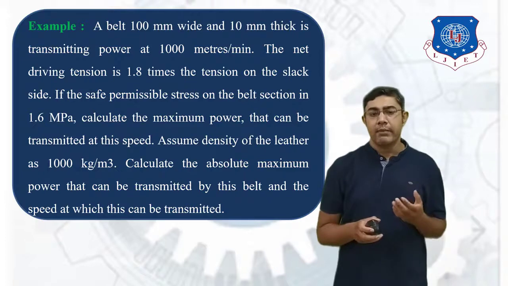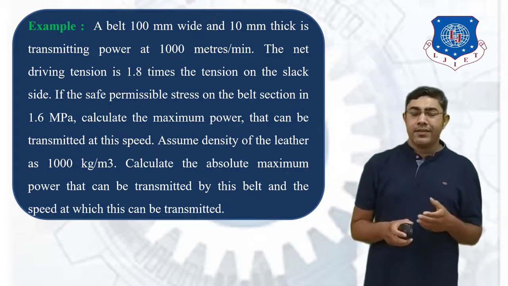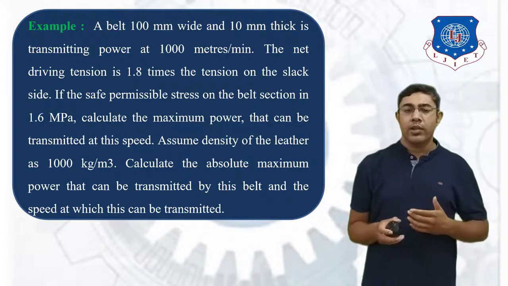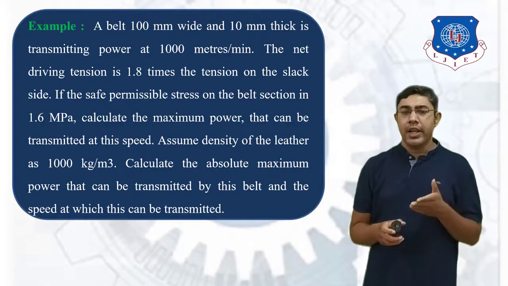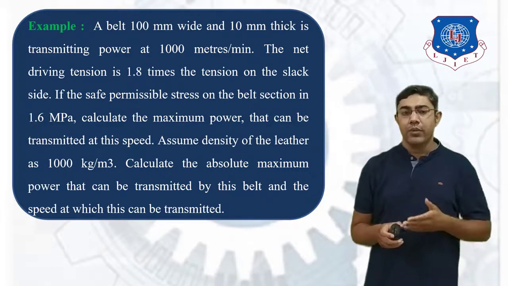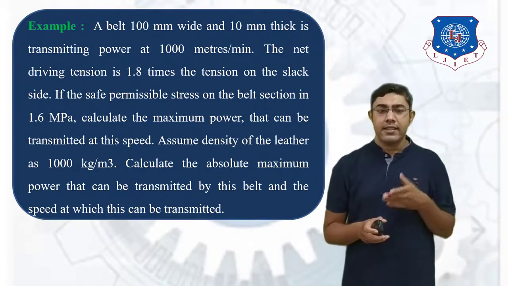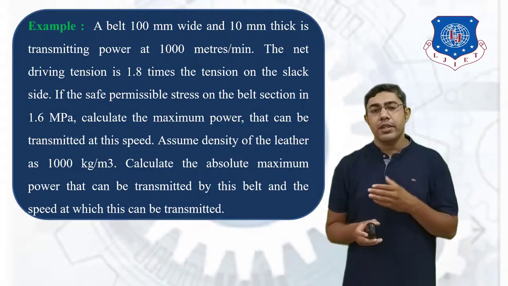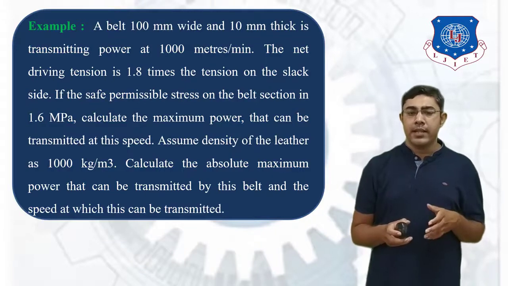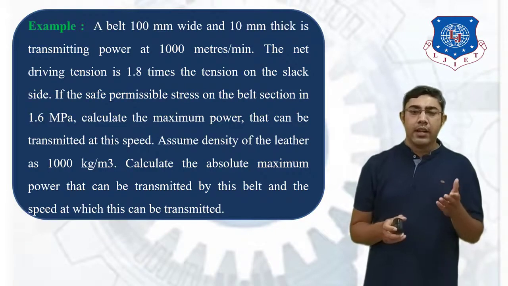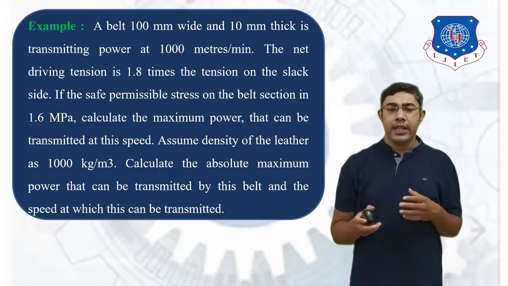The net driving tension is 1.8 times the tension on the slack side. Net driving tension means the difference between T1 and T2, and it is equal to 1.8 times the tension in the slack side, that is T2. So T1 minus T2 is equal to 1.8 T2. If the safe permissible stress on the belt section is 1.6 megapascals, then calculate the maximum power that can be transmitted at this speed.